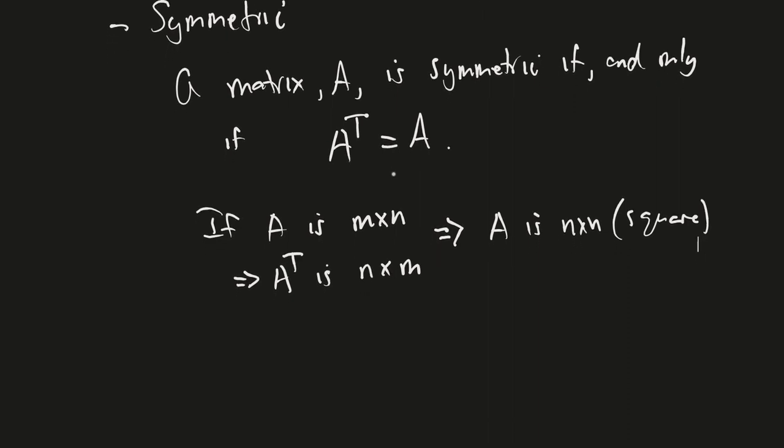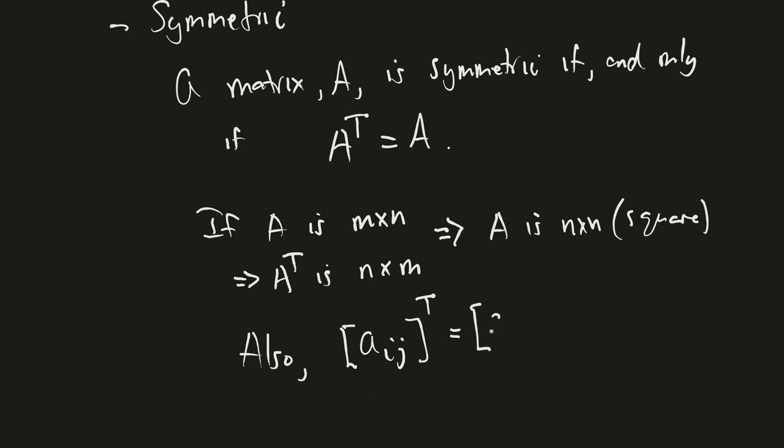But we can say a little more, not just about the dimension of the matrix, but about the entries in the matrix. Let me write it like this. If I start with my matrix A and I take the transpose, what I would be doing is this.